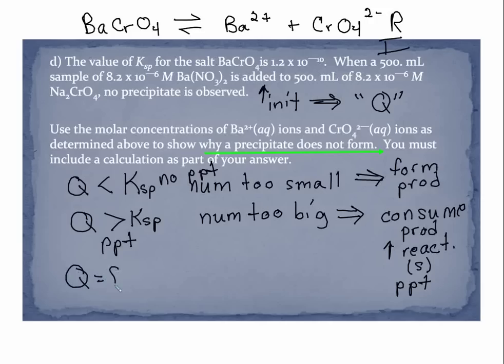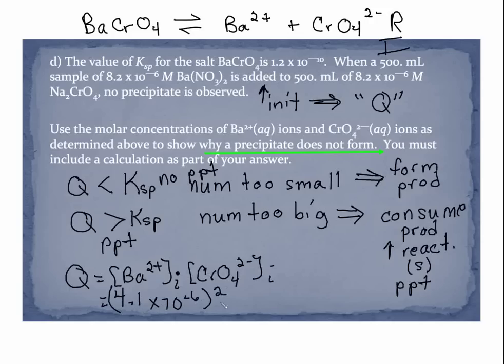We really don't need to get to the C and the E part, because Q, therefore, is going to be barium ion initial, I'll put a little I there as a reminder, times my chromate initial, which we found they were each equal to 4.1 times 10 to the minus 6th.